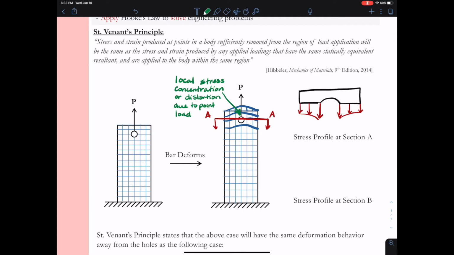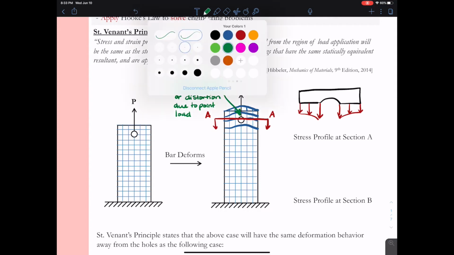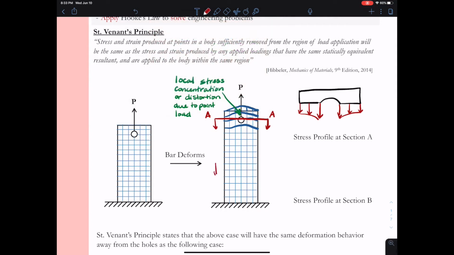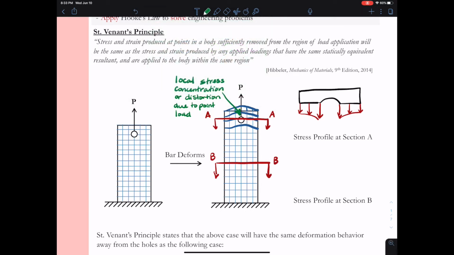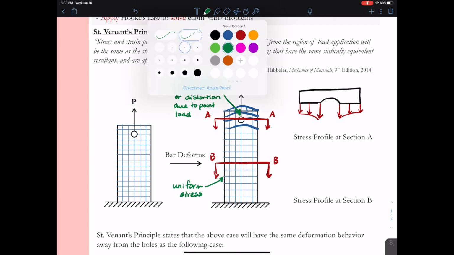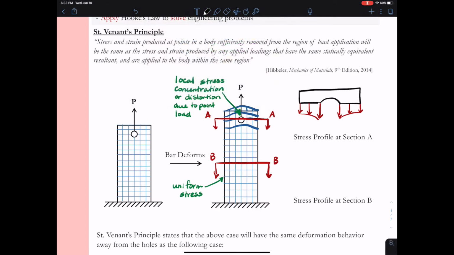Now, as we go away from where we apply the load, so let's say we move down the bar somewhere to section BB in this vicinity, we see that at this point our little squares were somewhat regular. They were larger than they initially were, but they've just kind of stretched out uniformly across the width of the member.